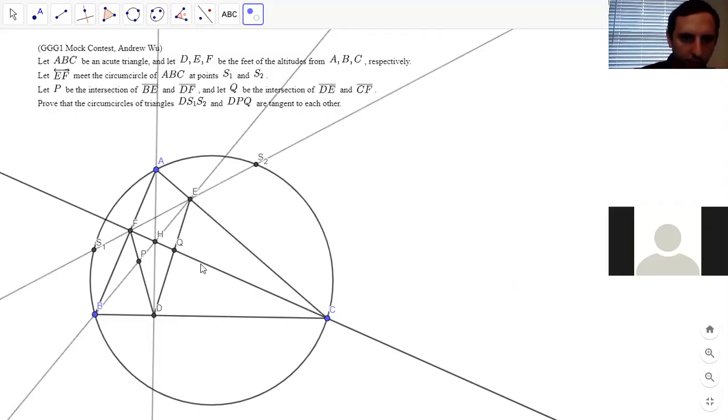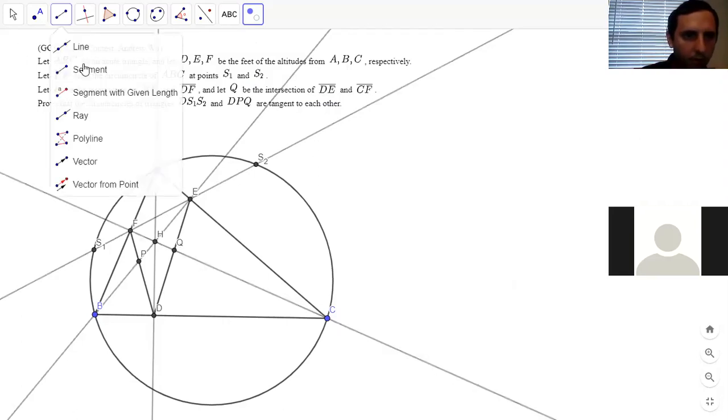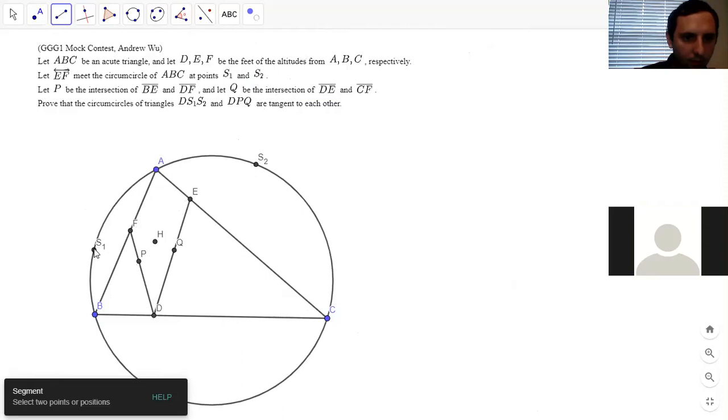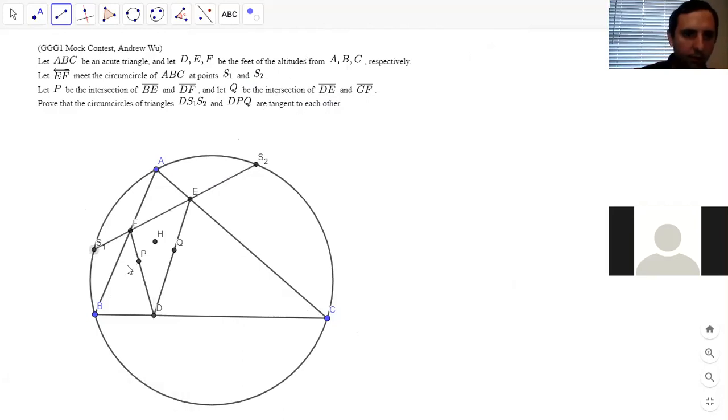So let's hide some stuff. I like this. This isn't a super complicated configuration. So we do that and that. DS1S2. So I wonder if DH bisects this angle. Let me check it.